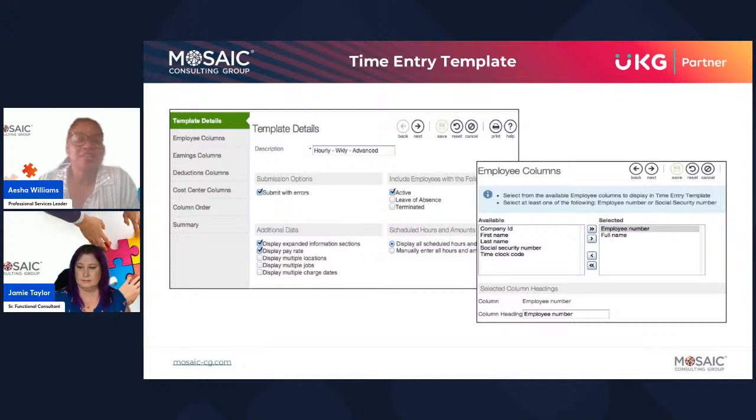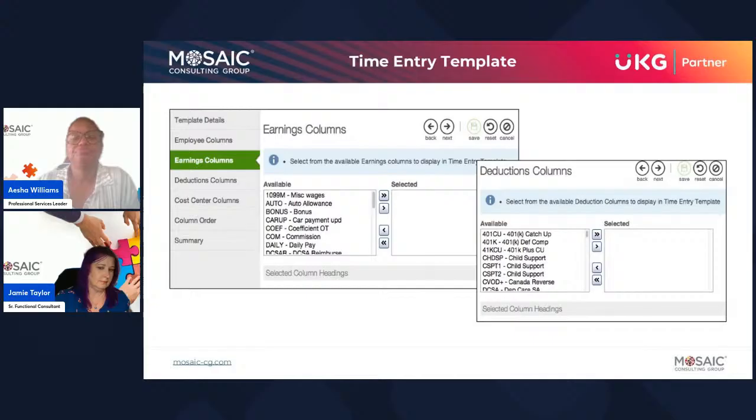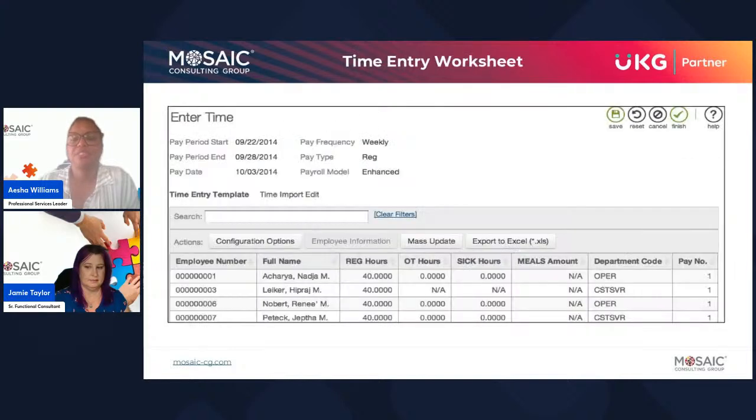If there is additional data that you wanted to display, we can tell it here which employees we'd like to include, etc. So you have those options here to do some additional defining of those time entry templates, which makes it super duper easy on that time entry step. It's just an extension of that with all of the earnings and deductions you might want to pull in. And same thing there. And then here you can get into this employee's time entry piece and do some edits here. Just really cool, really slick.